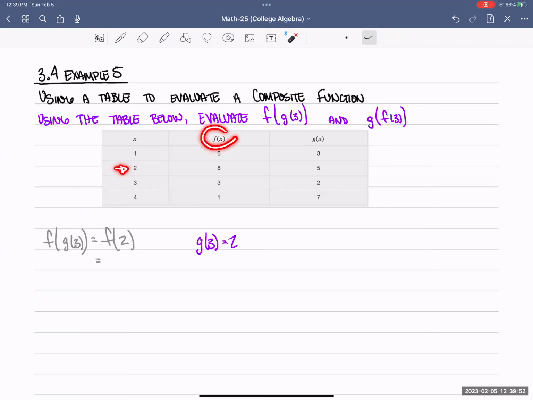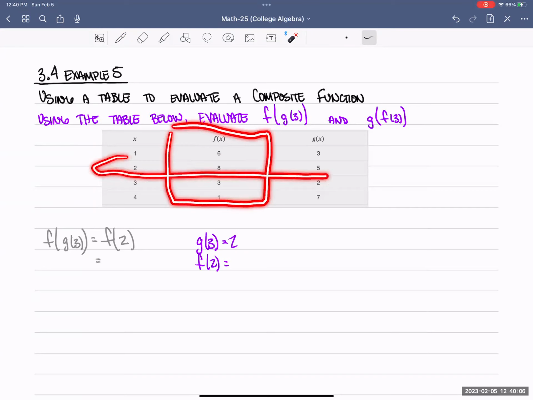And we come over here to f of x. It looks like it's right here. So now we have f of 2 is equal to our f of x here, evaluated at 2. It is 8.